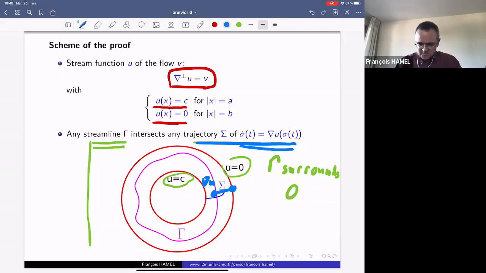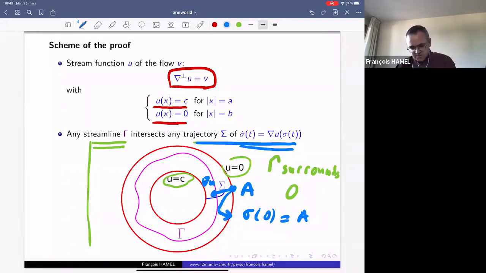Now this equation is defined at least in a right neighborhood of 0. Let me call a this point. If sigma of 0 is equal to a, then this function sigma is defined in a right interval of 0. And the trajectory capital sigma cannot come back to the outer boundary because along sigma the function u is strictly monotone.